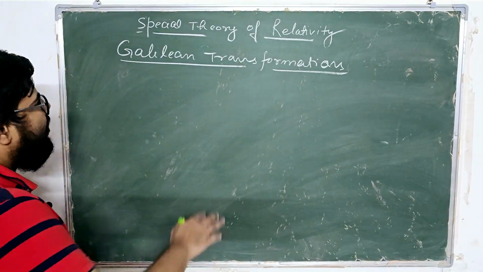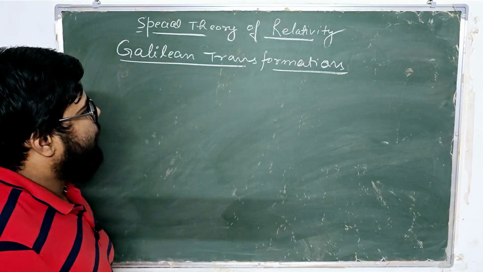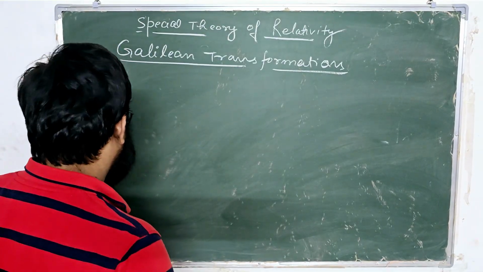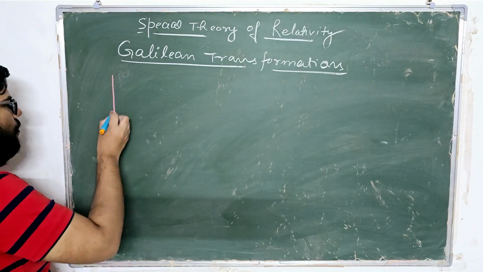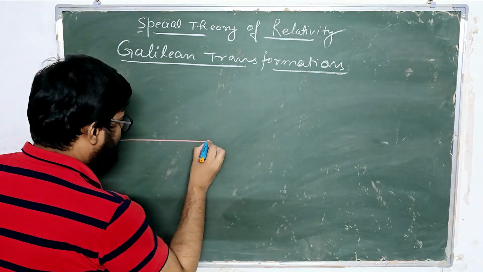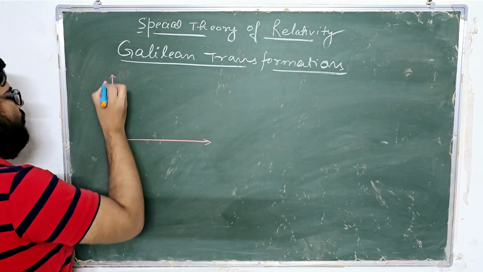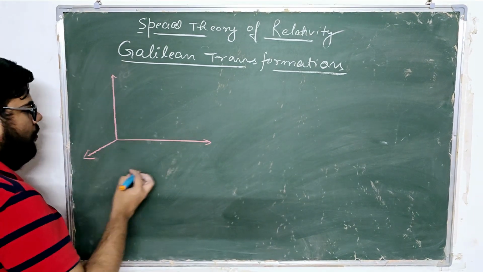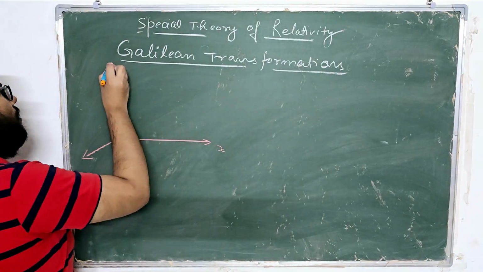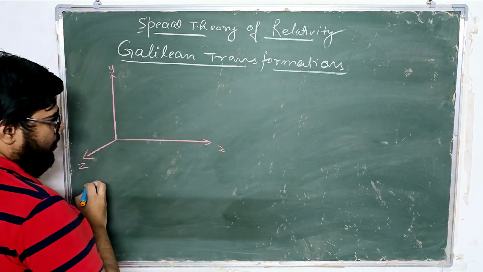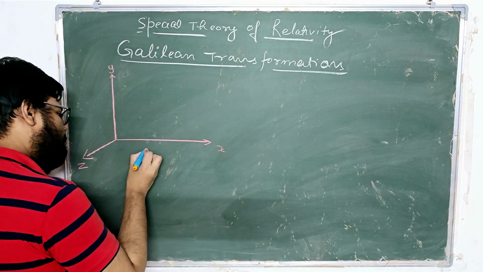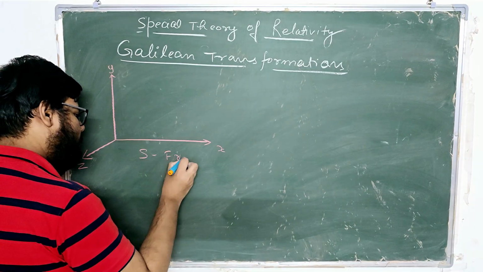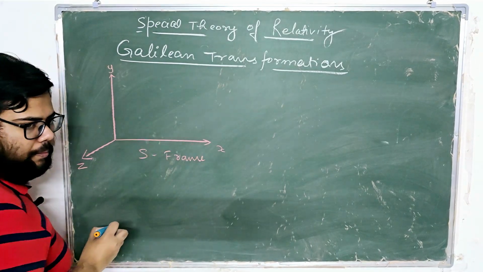Now Galilean transformation. There are certain rules which we use. This is the x-axis, this is the y-axis, and this is the z-axis, and suppose this is the S frame.